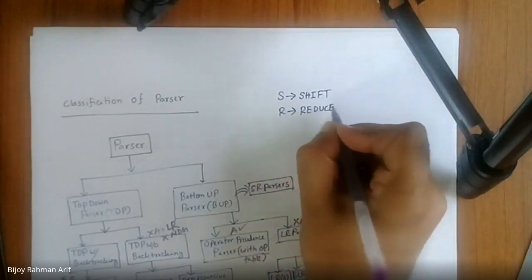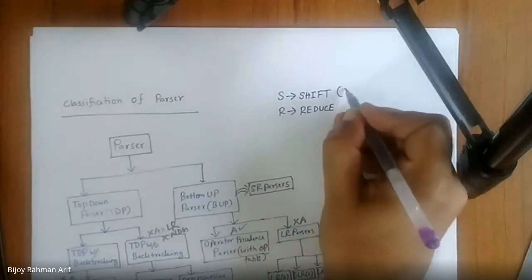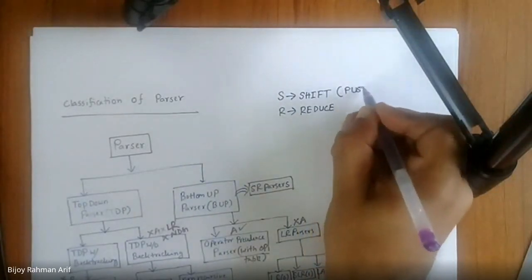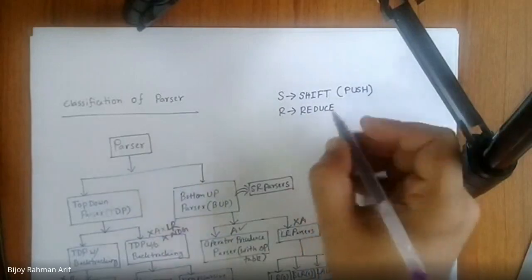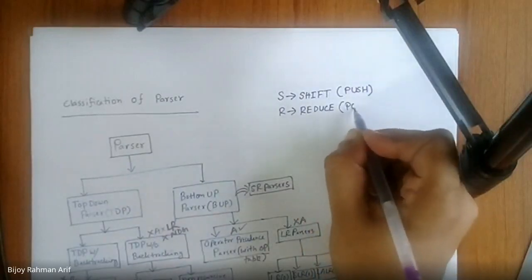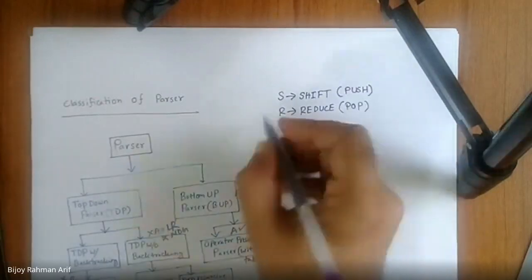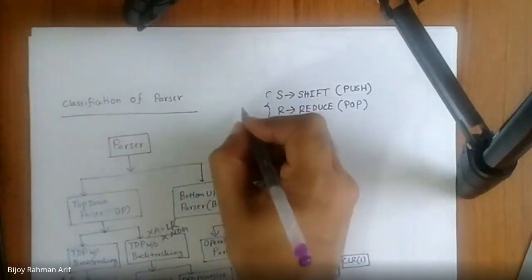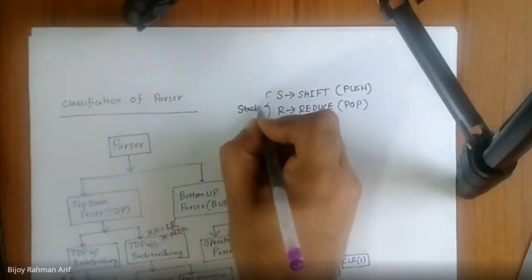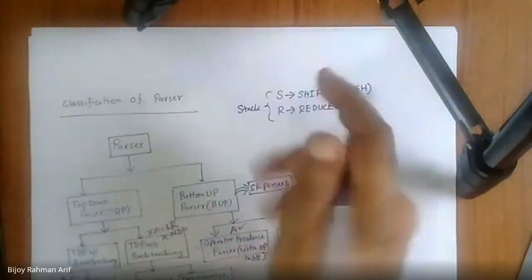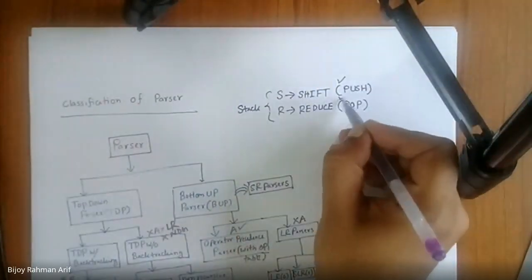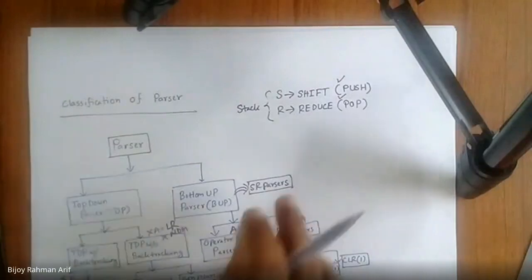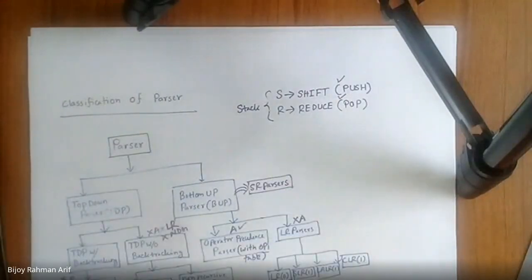Shift is nothing but a push operation in the stack, and reduce means a pop operation in the stack. So actually these bottom-up parsers use some sort of stack data structure. As they are using a stack data structure, they use these two operations, push and pop, or shift and reduce. That's why they are also called SR parsers.